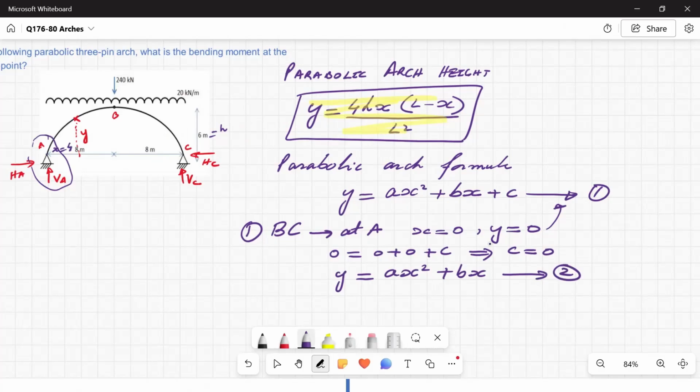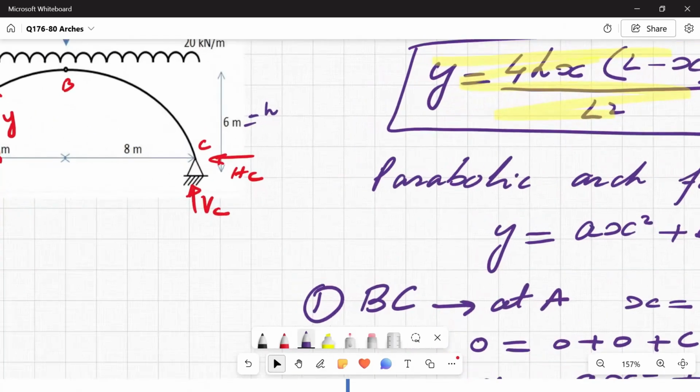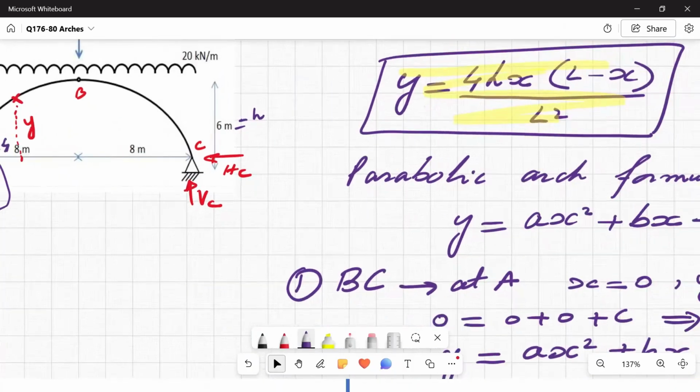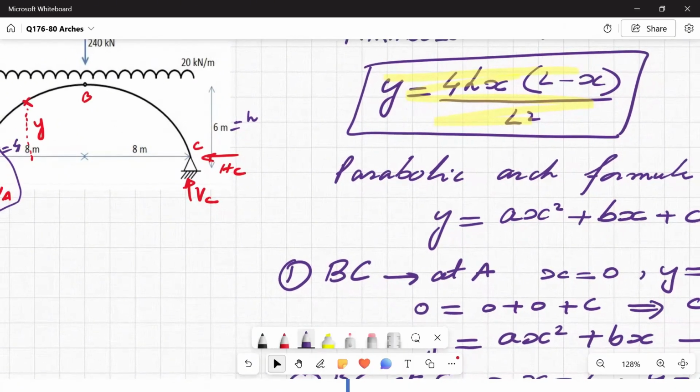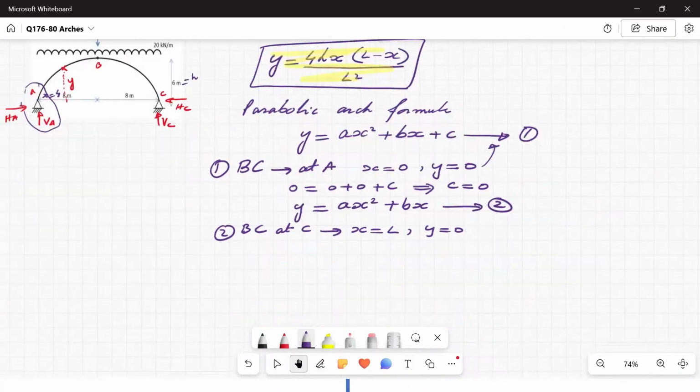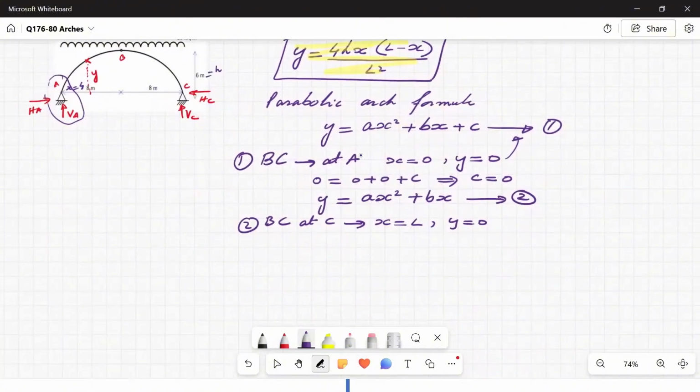Secondly, I will apply the boundary condition at point C. So BC at C. Here x will be equal to the entire length, and y is still 0. If you focus on C over here, you will see that x is equal to total length L and y is still 0.